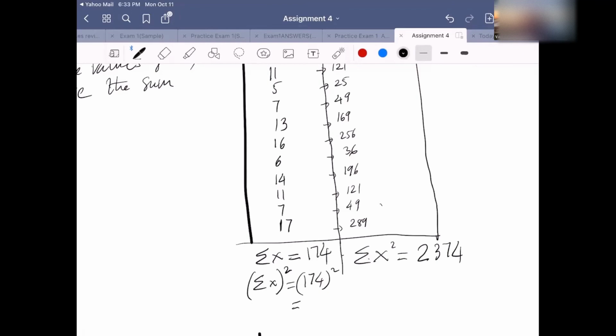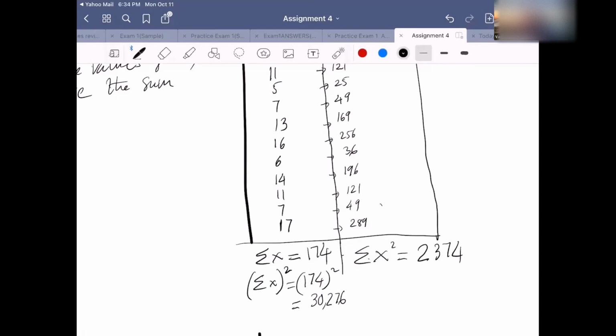That's very big, huh? So it's going to be 30,276. That's what you will get, okay? If you got the same answer, let me know, or if not, let me know also.